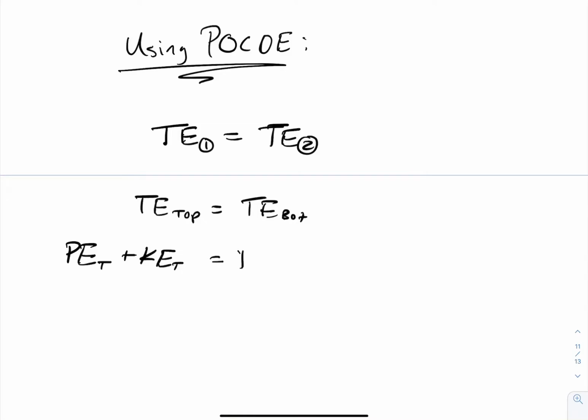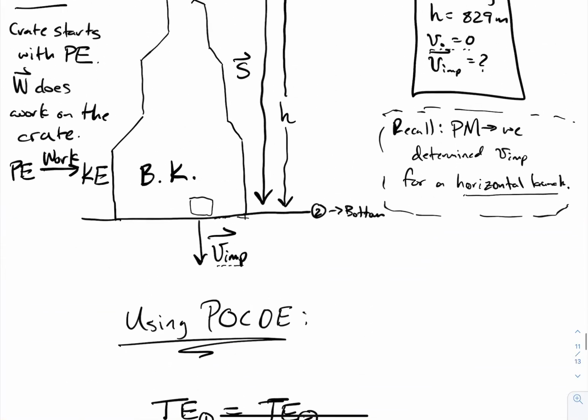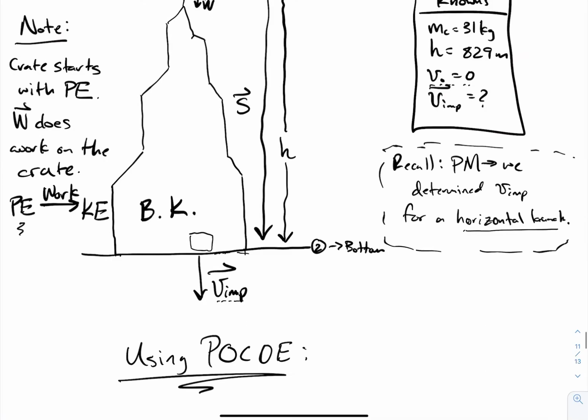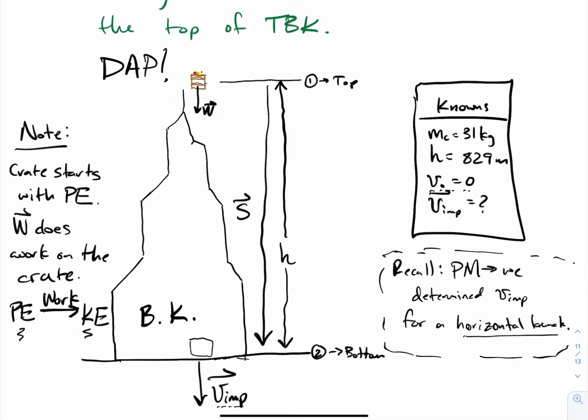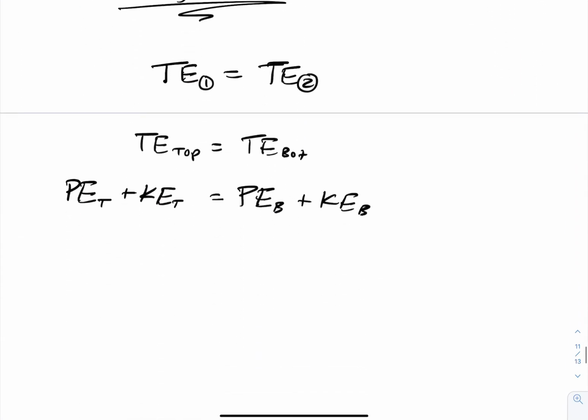And the same for the bottom, potential energy at the bottom and kinetic energy at the bottom. Now this may seem a little bit excessive because we just discussed that it starts with potential and ends with kinetic. But if I give you a problem where the body starts with potential and kinetic, I don't want you to skip a step because this will allow you to keep track of all the energies.